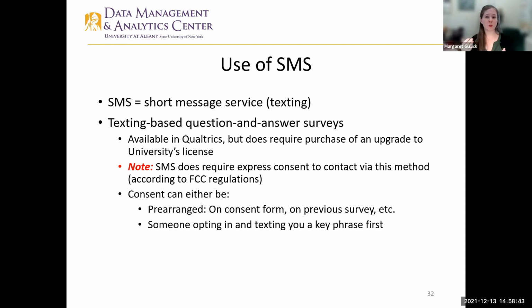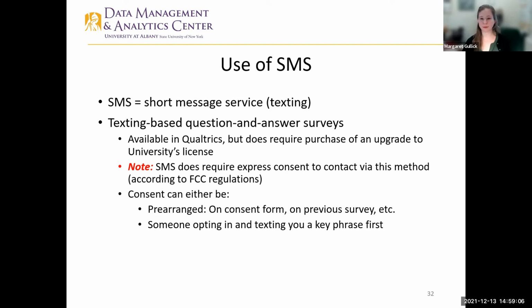Or consent can be someone opting in themselves, texting you a key phrase first and then getting the survey in response. Either of those methods works, but you need something here. You cannot just text a whole bunch of people your link to a survey and have it be okay. This one needs something prearranged or an explicit opt-in.